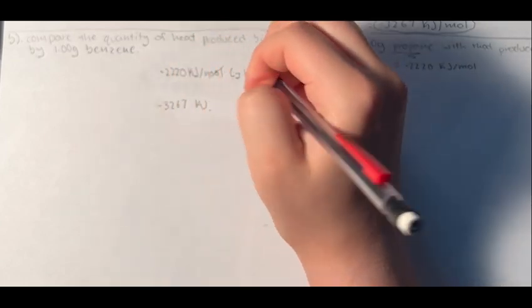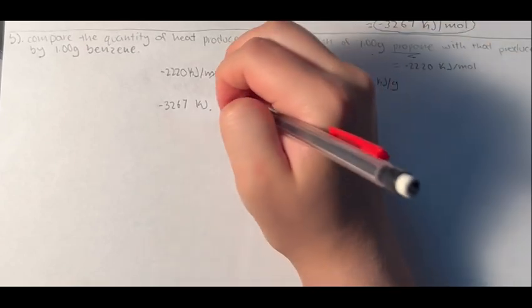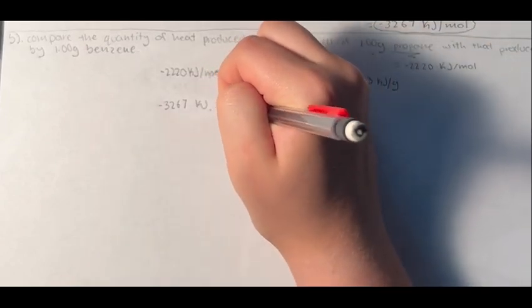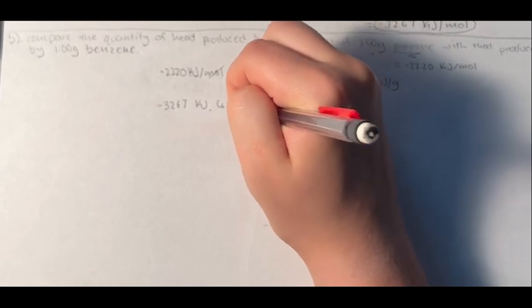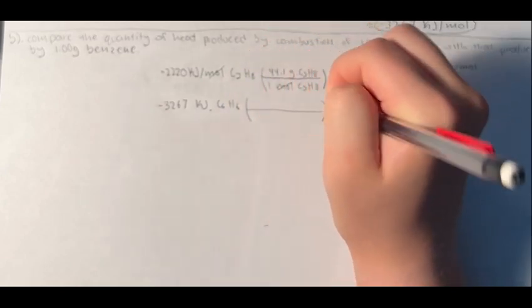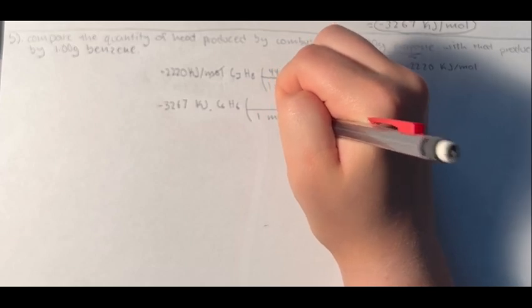For the second part of this question, we're just going to use the negative 3,267 kilojoules per mole that we got from earlier. And just like for propane, we're going to have to use the molar to gram conversion with benzene.